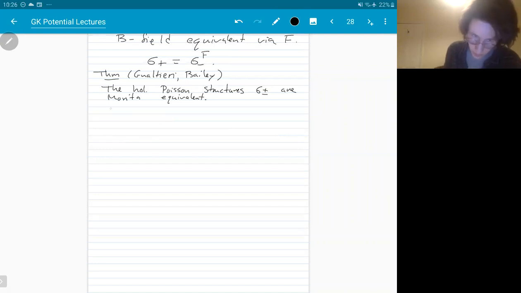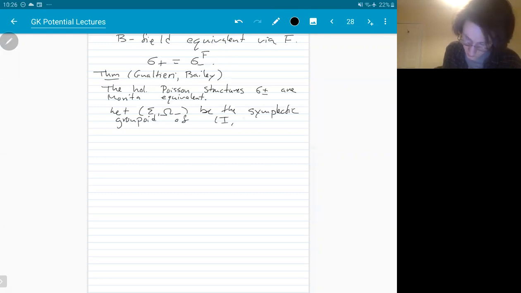So we start with, I mean, it has to be modified to work with holomorphic Poisson structures, but it's essentially the same logic. So you let sigma omega minus be the symplectic groupoid of I sigma minus. So it goes like this.